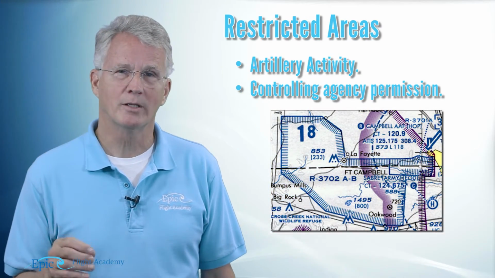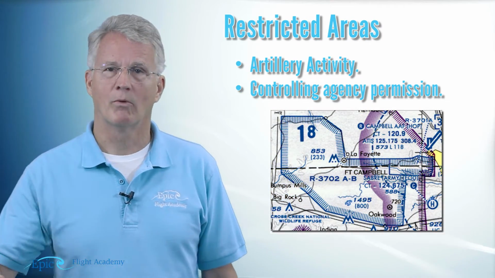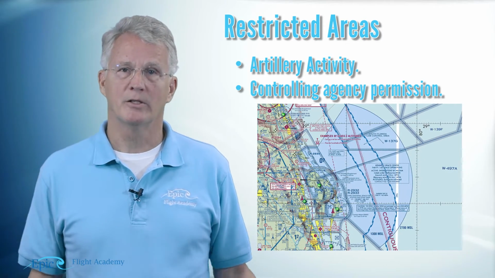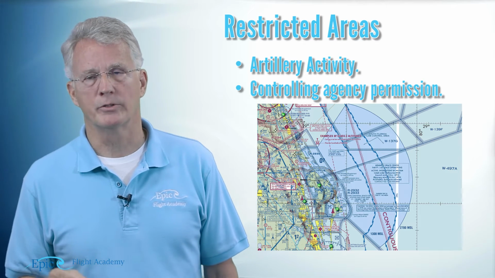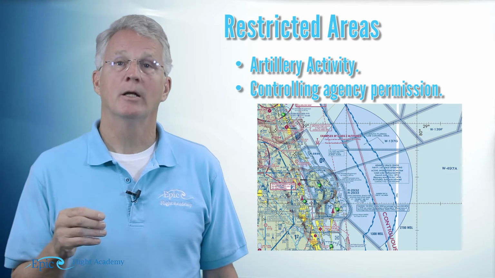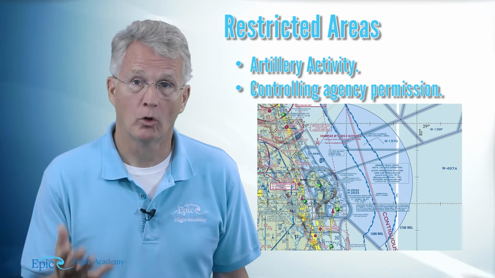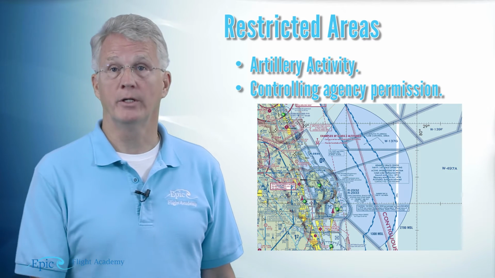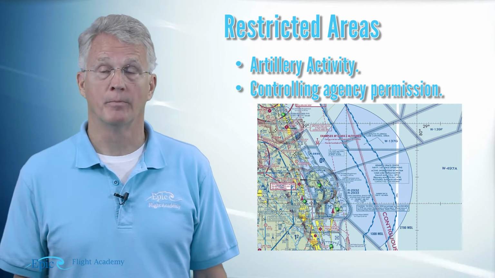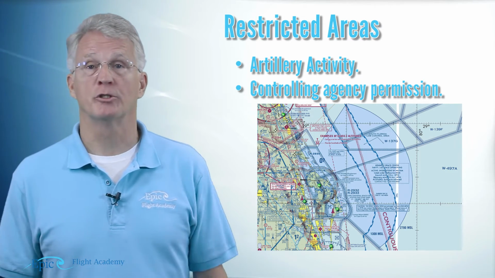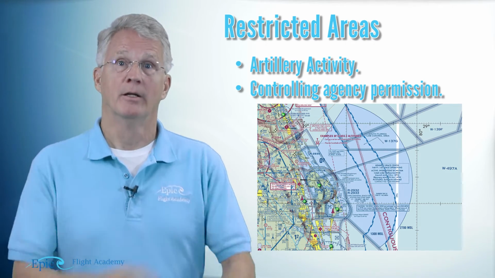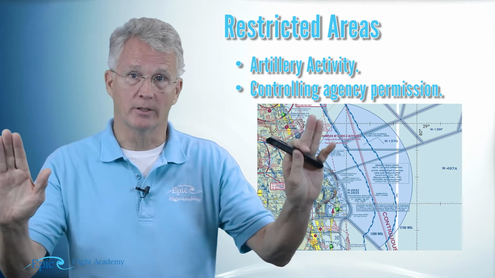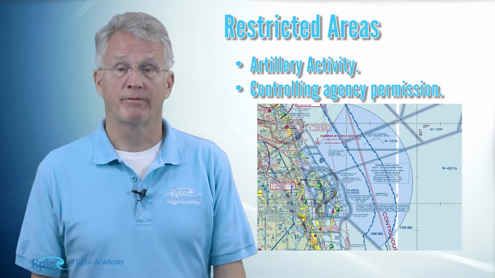And the restricted area around NASA is a good example. If we're not having rocket launches, that restricted area is what we call cold, and you're free to fly through there. If we are having rocket launches and the controlling agency activates that restricted area, it is restricted. Stay away, do not fly in there.